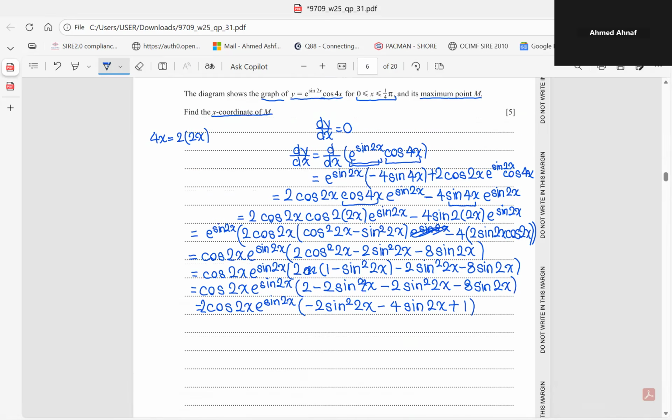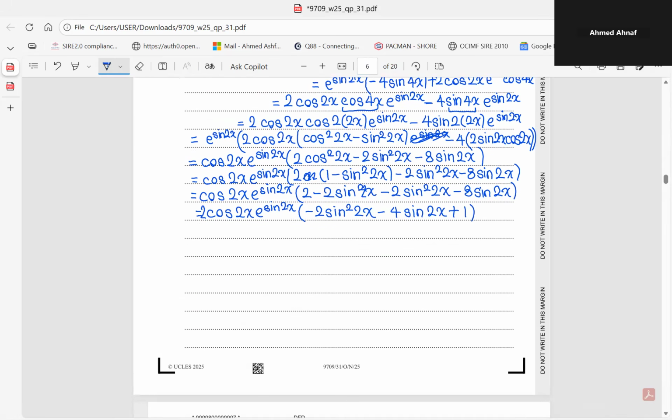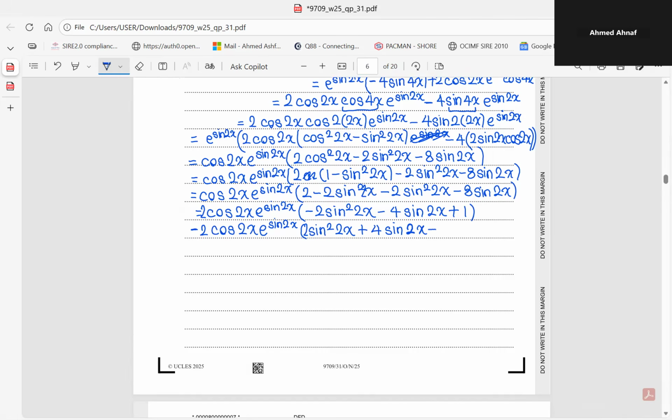Okay, let's factor out the negative 1 as well from the quadratic expression. So I get negative 2 cos 2x times e to the power of sine 2x times the bracket sine squared 2x plus 2 sine 2x minus 1 equals 0.